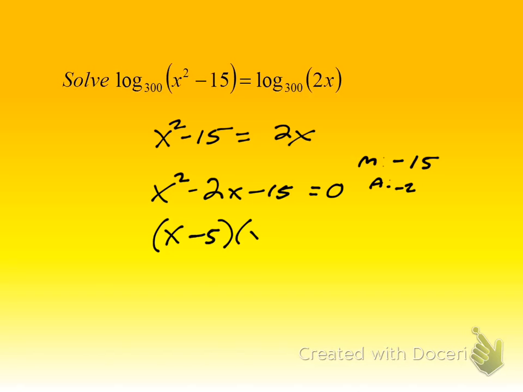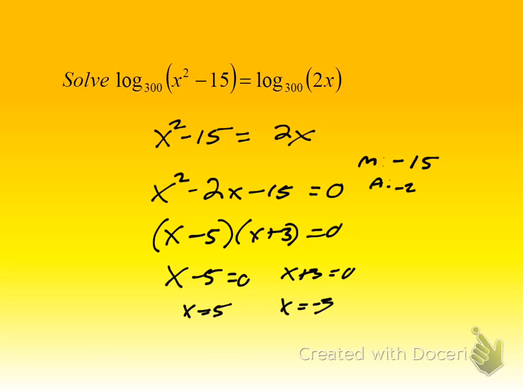Negative 5 and positive 3. So x minus 5 equals 0, which means x equals 5. X plus 3 equals 0, which means x equals negative 3. Check these out.